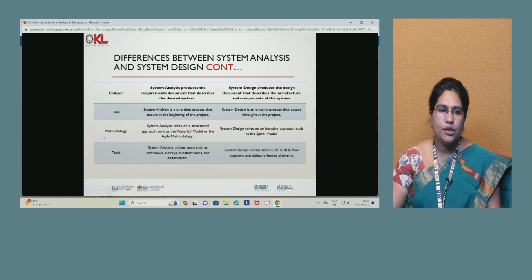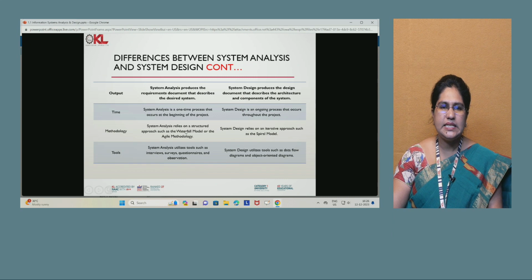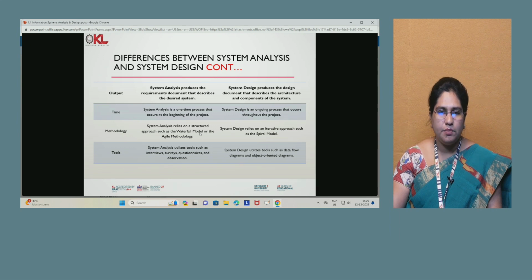And what is the methodology? Methodology is nothing but it is following the waterfall model or the agile methodology. So both, it is following the waterfall model and the agile model. Waterfall model means once the first stage is satisfied, then only it will go to the second stage.